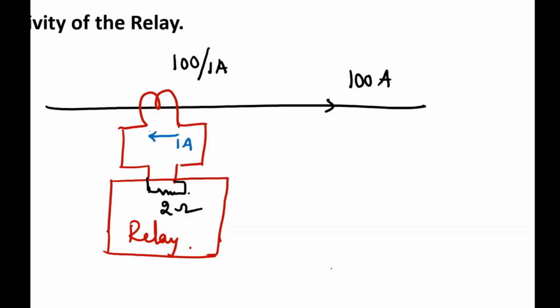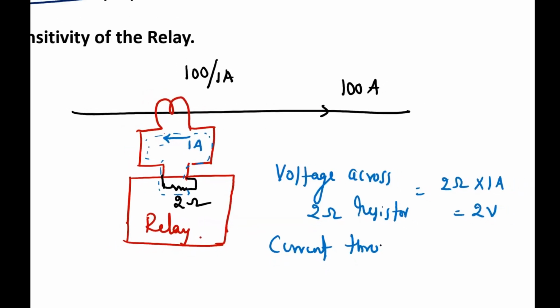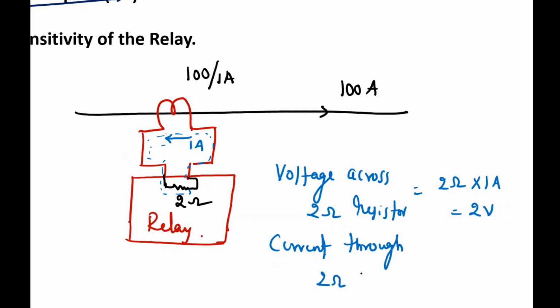So this 1 ampere will flow through the relay. Now, what is the voltage drop across this 2 ohm resistor? 2 ohm multiplied by 1 ampere, that is 2 volt. What is the current through the relay? 1 ampere.